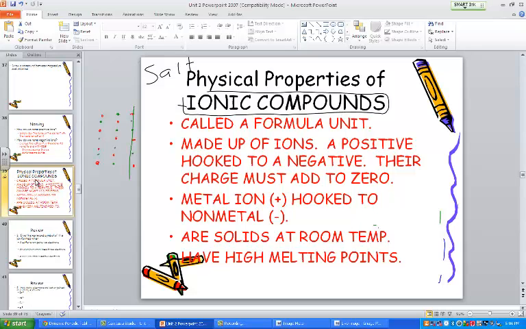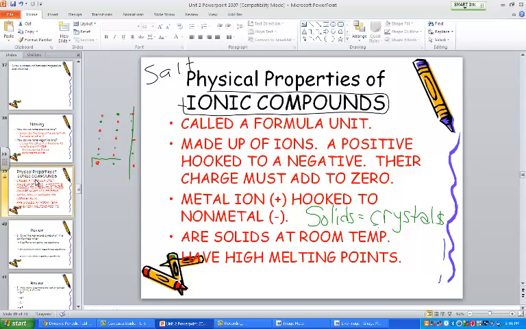In all directions, I'm building a cube, alternating positive, negative, positive, negative. And that's exactly what these guys do. These are always, always, always solids at room temperature, built of these three-dimensional crystal arrays, just as ordinary table salt is in a crystal form, like a cube.